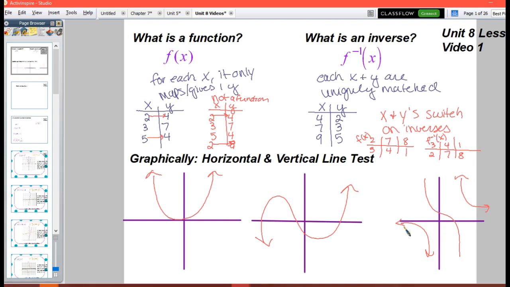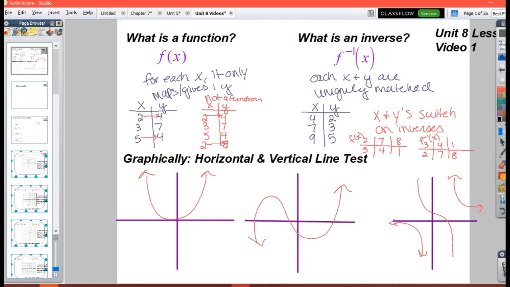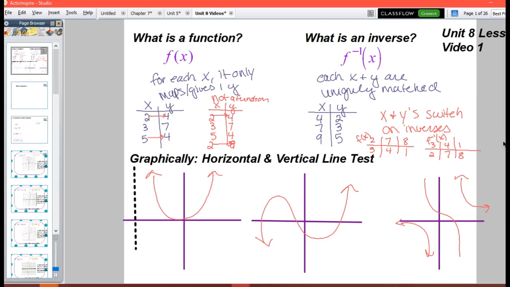Now, let's talk about something called the vertical line test. If I were to take and make a dashed line, get black here, and draw it down here. If you take a vertical line and drag it across a graphed function like this, it should never cross that line twice. So see how I'm going? That black line is only hitting the red function one point at a time.